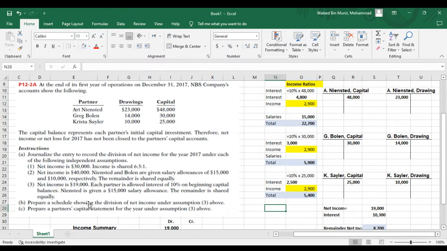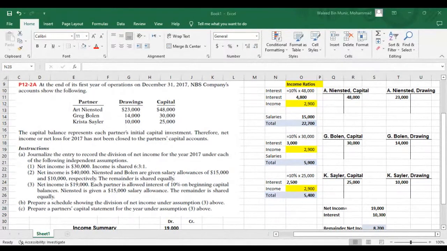Salary allowance is okay. Net income was 19,000. Okay, and the first one, he will get a salary, then 15,000 plus 4,800.